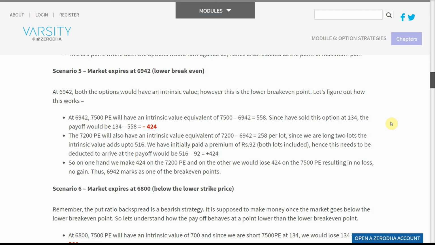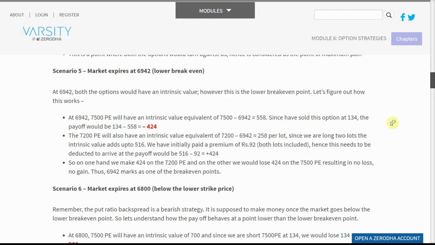The 7,200 PE will also have an intrinsic value equivalent of 7,200 - 6,942 = 258 per lot. Since we are long two lots, the intrinsic value adds up to 516. We have initially paid a premium of 92 rupees, both lots included.